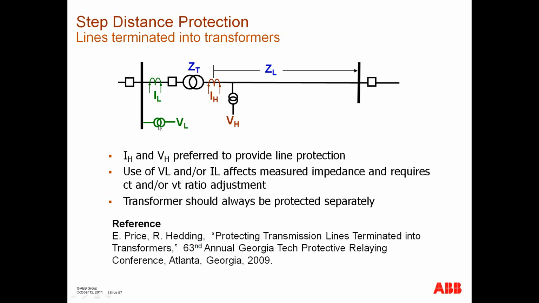But anytime that you do this, you have to go through some means to include the impedance of the transformer, because the distance is measured from where the voltage is done, and direction is measured from where the current is done. So there is a reference paper that Roger and I did a couple of years back that goes through this application in detail. It's probably a pretty good source.